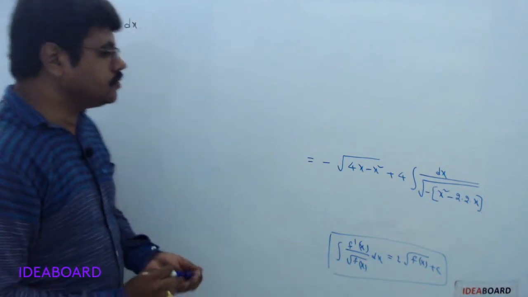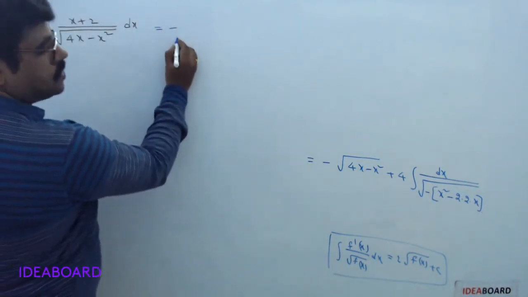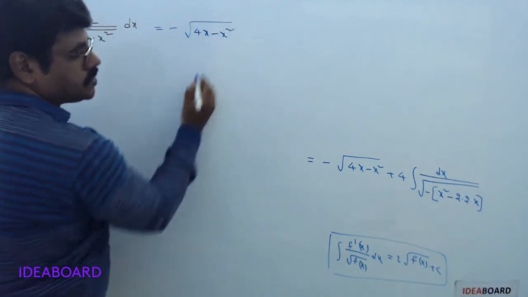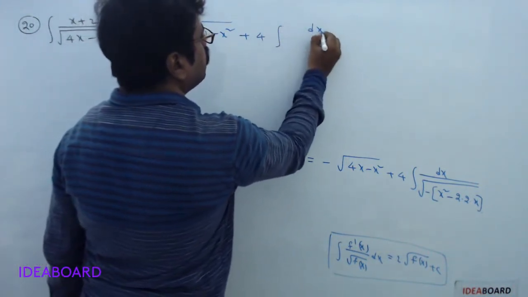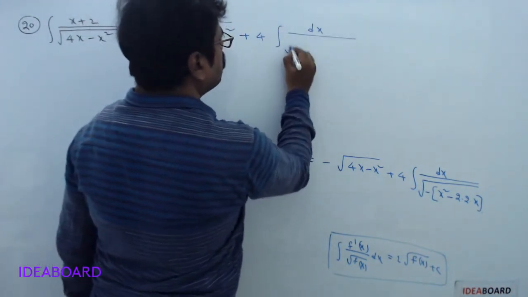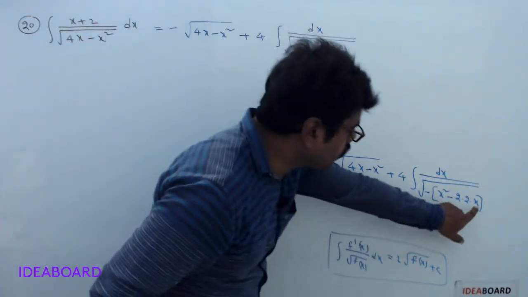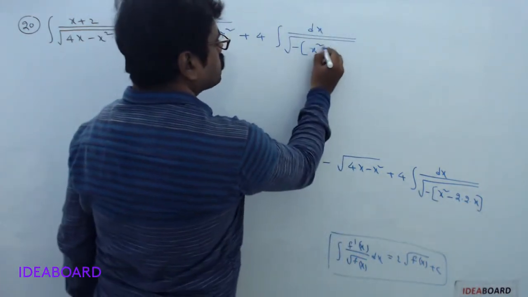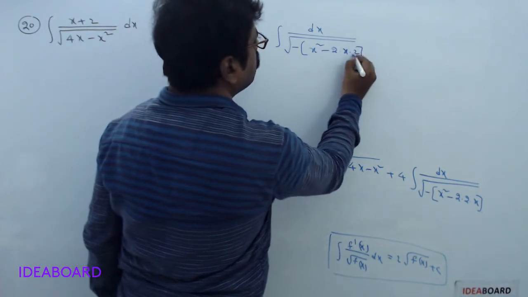Now see the continuation. So here minus square root of 4x minus x square plus 4 into integral dx divided by square root of minus. Here you can interchange x and 2 in the second term, that is x square minus 2 into x into 2.